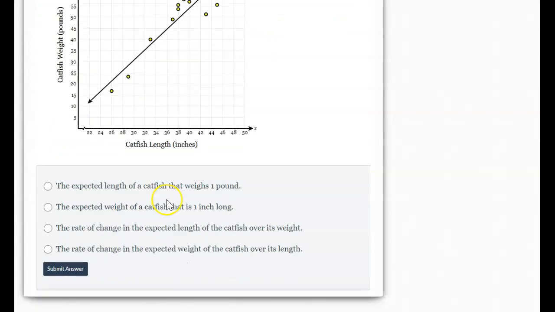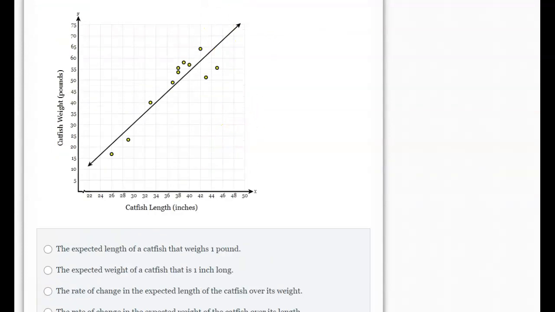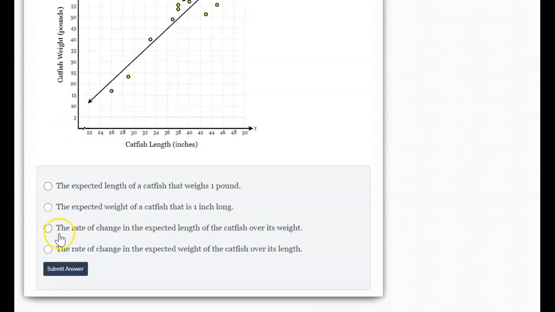So let's look down here at our choices now that we better understand that. We're specifically looking at what does the slope of the line represent? Does the slope represent the expected length of a catfish that weighs 1 pound? Probably not. The expected weight of a catfish that is 1 inch long? No, that isn't even on this graph.